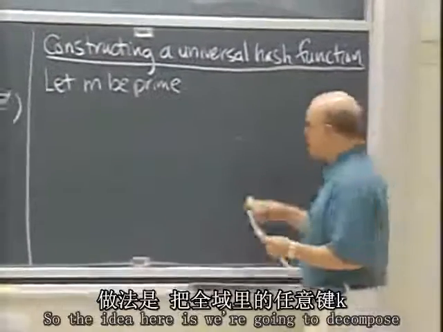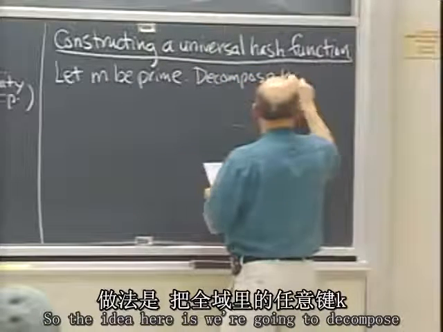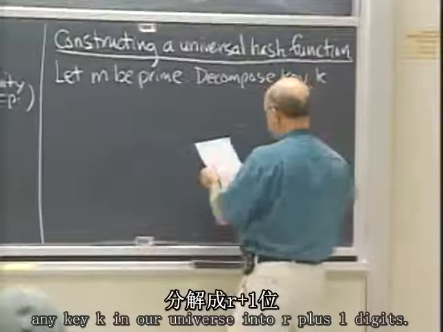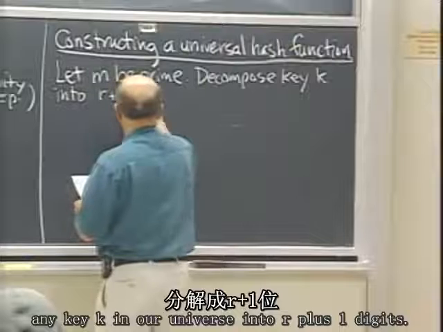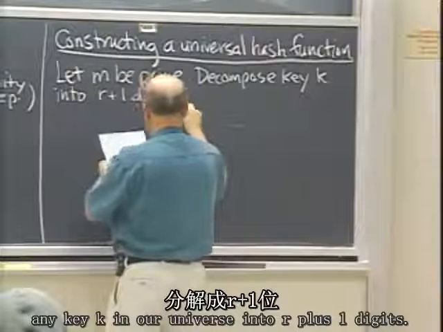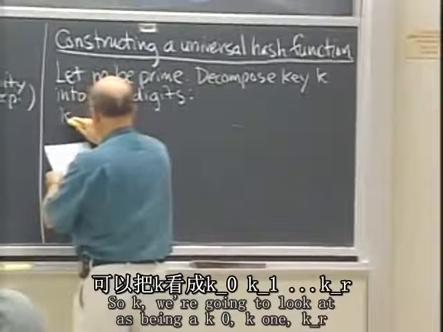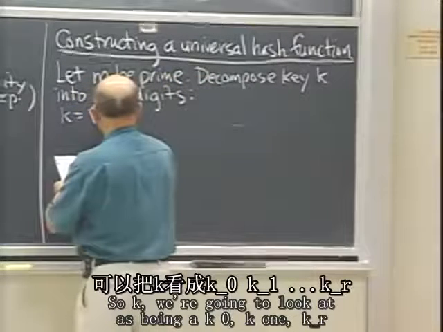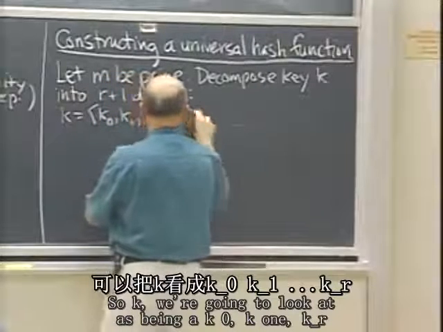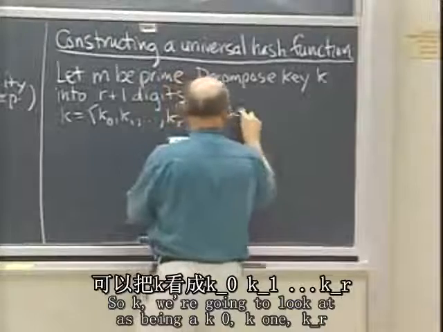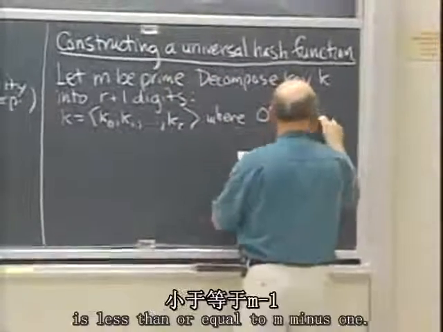So the idea here is we're going to decompose any key k in our universe into r+1 digits. So we're going to look at k as being k0, k1, up to kr, where 0 is less than or equal to k sub i is less than or equal to m minus 1.